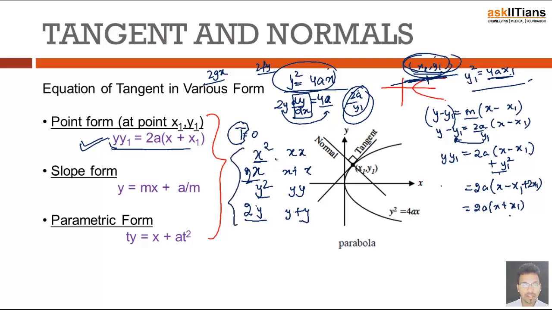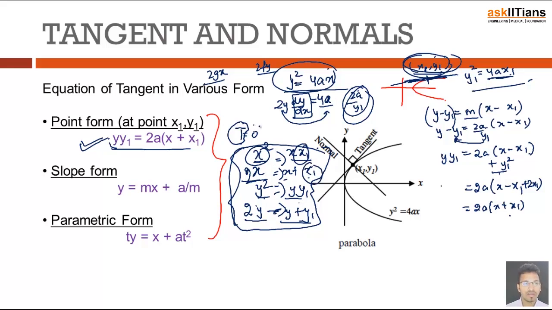Now I have written the equivalent form, and if I am looking at a point, I just make one of these terms into this. So if you apply this conversion on any curve, that is, you change x square to xx1, 2x to x plus x1, y square to yy1 and 2y to y plus y1, you will get the equation of the tangent at a point.